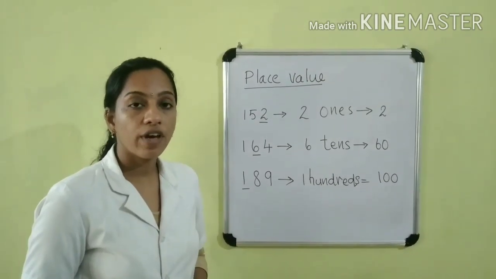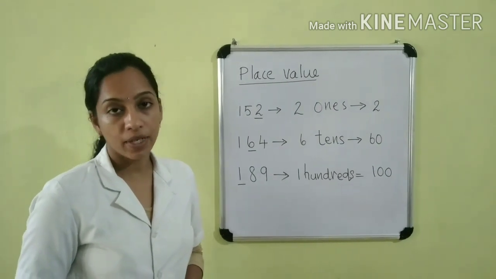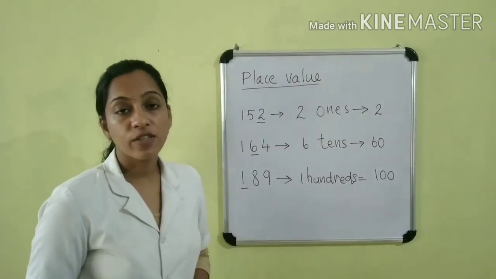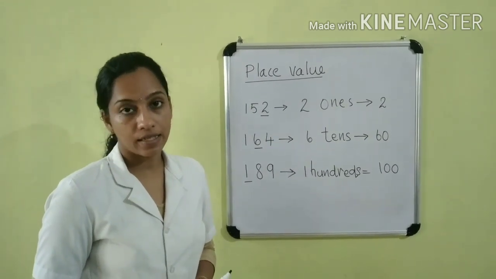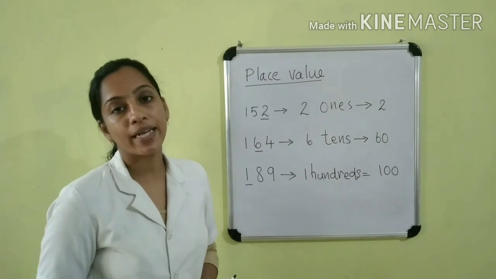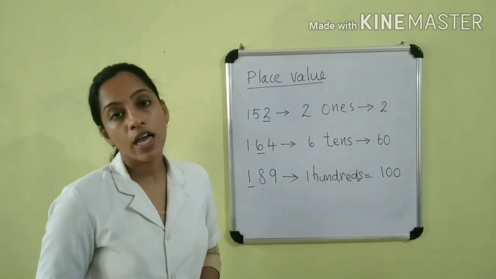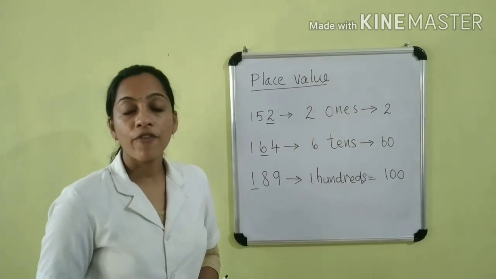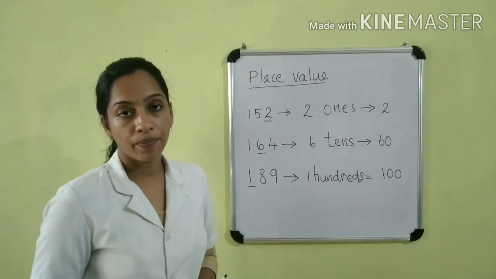Children, next we are going to learn about the place value of three-digit numbers. What is place value of numbers? The place value can be defined as the value represented by a digit on the basis of its position in the number. We have studied the place value of two-digit numbers.